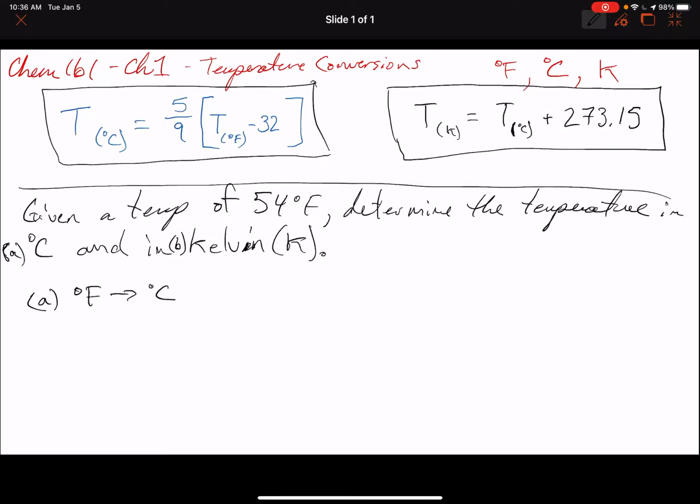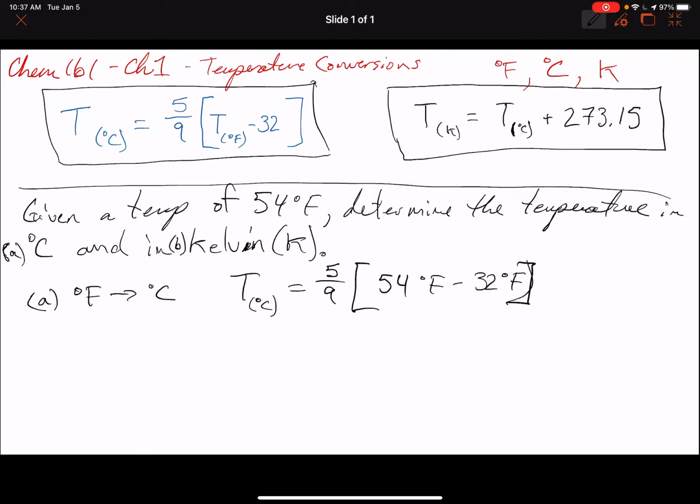So this simpler version is simply going to be temperature that we intend to be in degrees C is going to be equal 5/9 times, now the temperature in Fahrenheit information, so this is 54 degrees F minus the 32 degrees F. And that difference will be multiplied by 5.